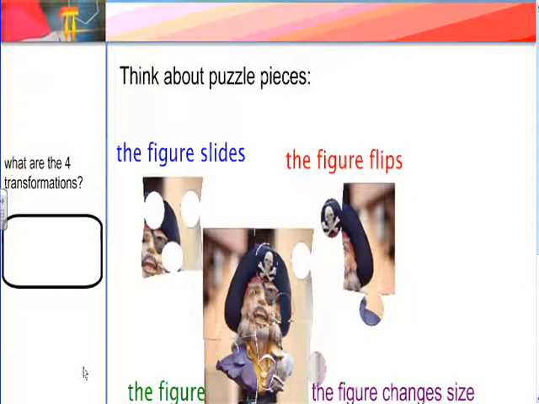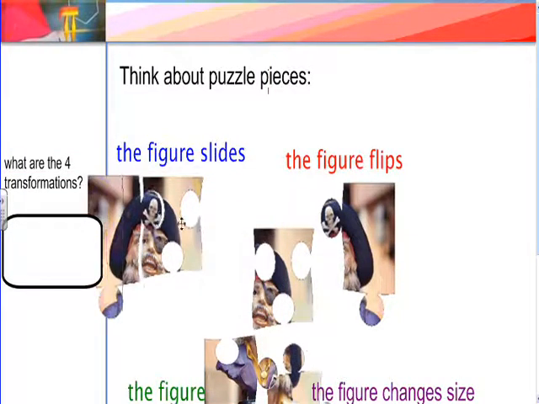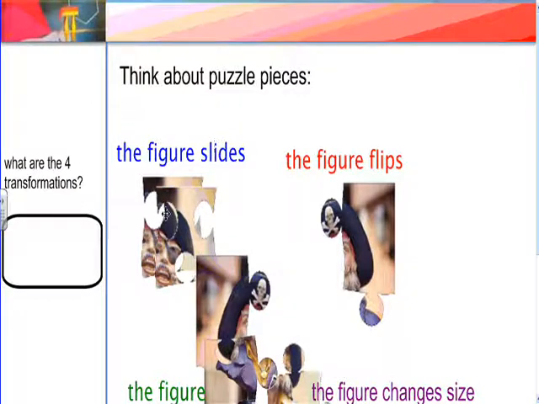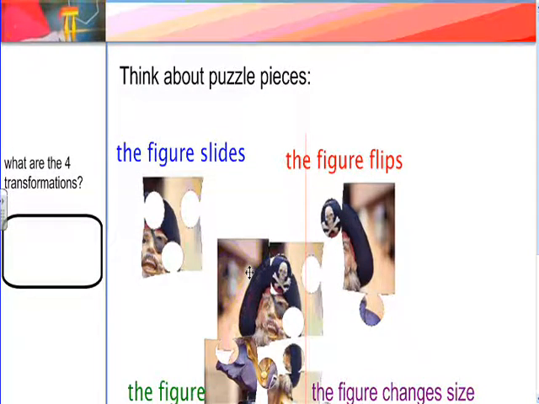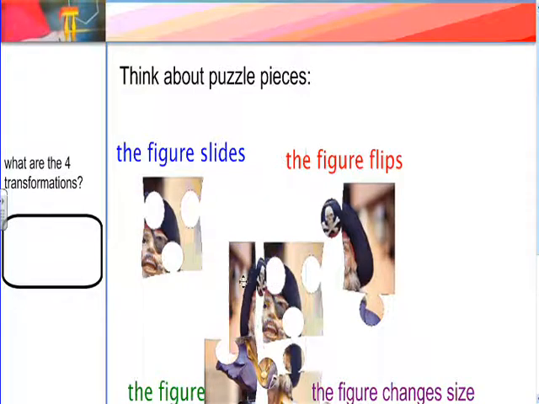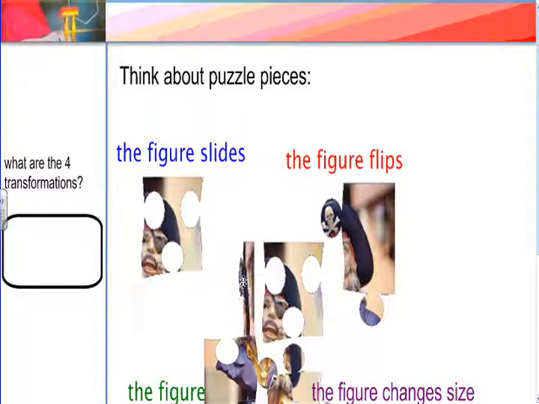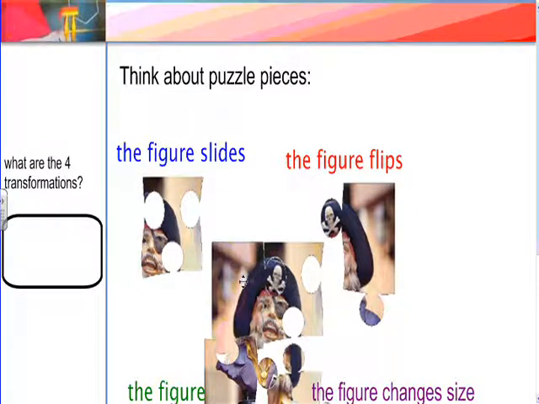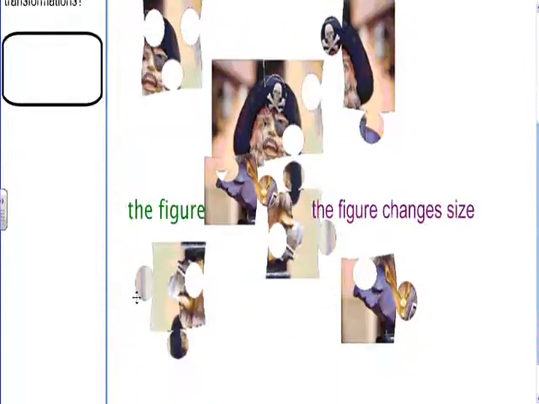But let's think back to what we just did a second ago. Is a slide an isometry? Sure it is, because all we did was pick up the figure and move it somewhere else. We didn't change its size at all. Is a turn an isometry? Again, it is, even though the orientation of the figure is changing. The figure itself is not changing size, so a turn or a flip would be an isometry.